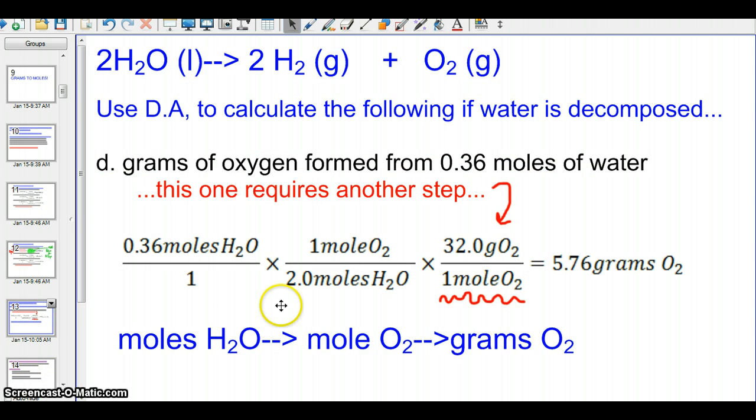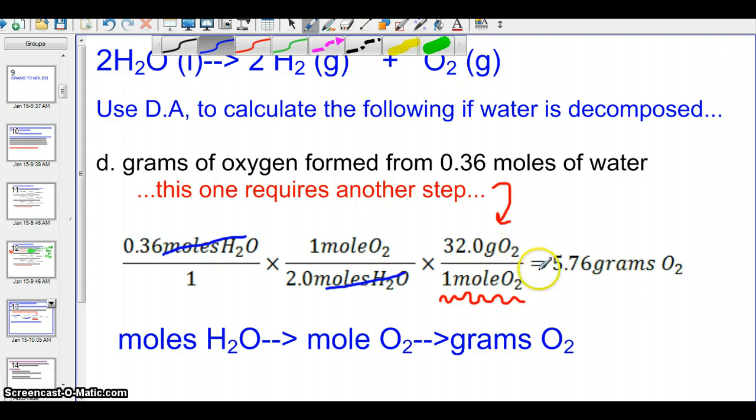Notice that if you want to, instead of stopping to calculate, once moles of water have canceled moles of water, I can use the moles of oxygen to help me set up the last proportion, which is a calculation that will give me the grams of oxygen.